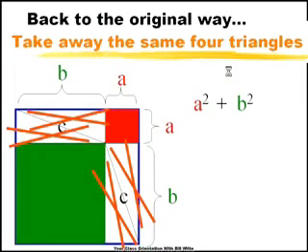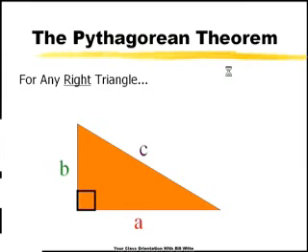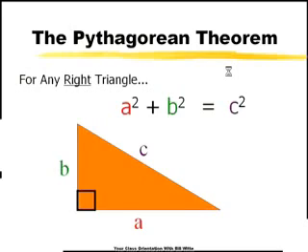So of course, there was way more to it, but he ended up figuring out that for any right triangle, only works for right triangles, A squared plus B squared will always equal C squared. Well, it's only a legend. But anyway, you get the idea.